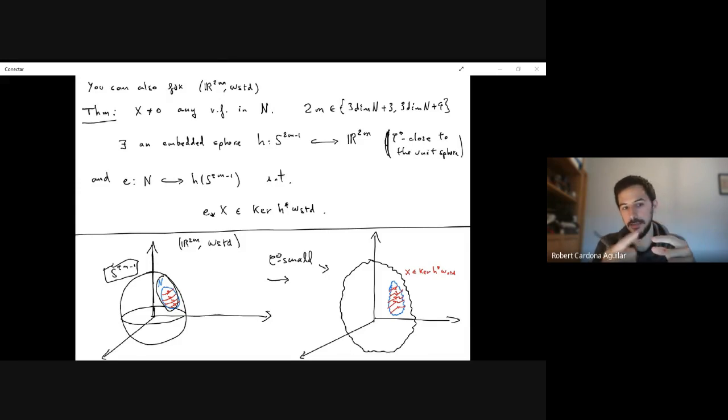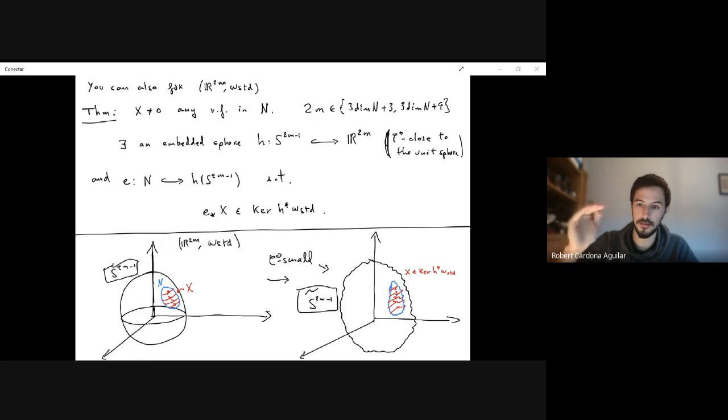And you pick any vector field X on N. So there is a C0 small perturbation of the embedded unit sphere into some sphere S^(2m-1), but with a tilde because I perturbed it, such that the Hamiltonian flow of any Hamiltonian function which contains this sphere as a regular level set will induce a Hamiltonian flow which is tangent to N and tangent to X. So it induces this arbitrary dynamics.